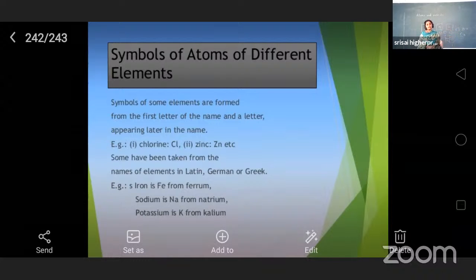These names are taken from other languages, and they have kept the symbols like this. What is the atomic symbol of iron, students?